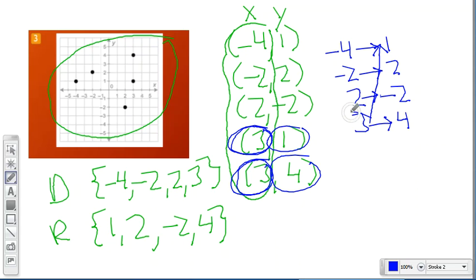Can you see how this 3 is being paired with 2 different y values? That's going to be important as we move forward in our lesson. So domain are our x values, range are our y values, and let's go ahead and move forward.